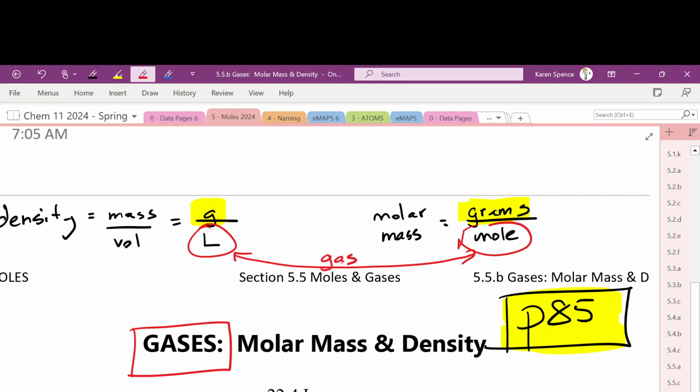The answer is yes, we do. And now I would like you to tell your partner the conversion factor for converting between liters and moles of a gas. We would use the molar volume, which is what?